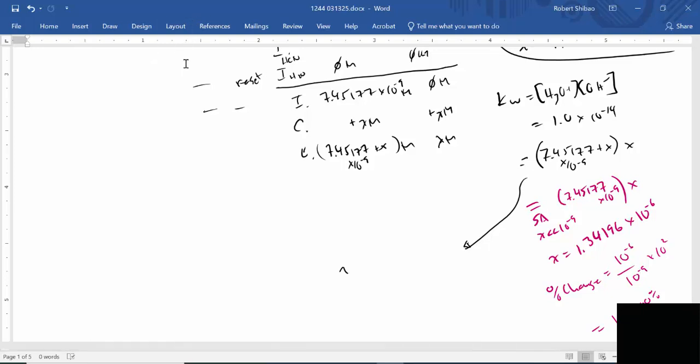So I'm going to get this into quadratic form. That is x squared plus 7.45177 times 10 to the minus 9. I'm going to write that down here. X minus 1.0 times 10 to the minus 14 is equal to 0.